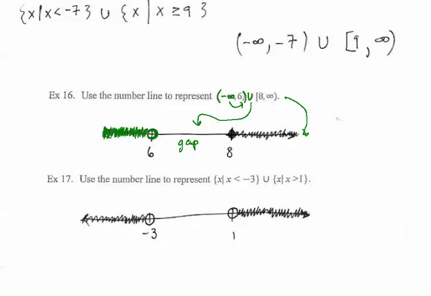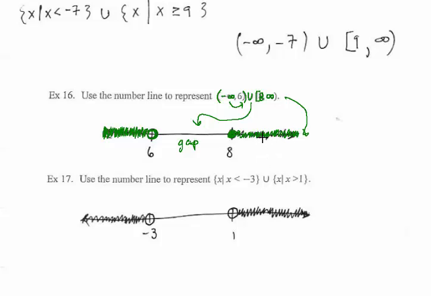There's a gap, and we do not pick it back up until we get to 8. So 8 starts the second part of our interval. It has a bracket, and so there is a solid dot placed at 8, and then beyond 8 all the way out to infinity we shade all the way to the far right of the number line.